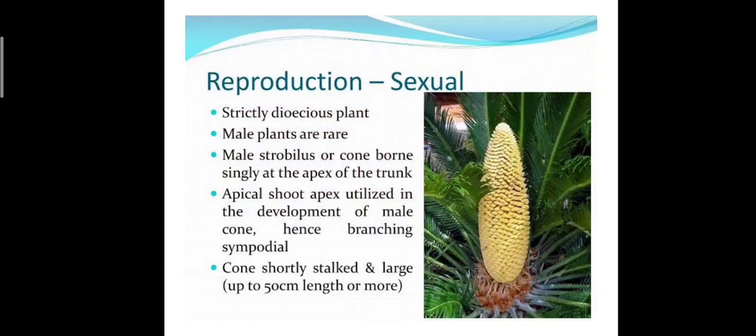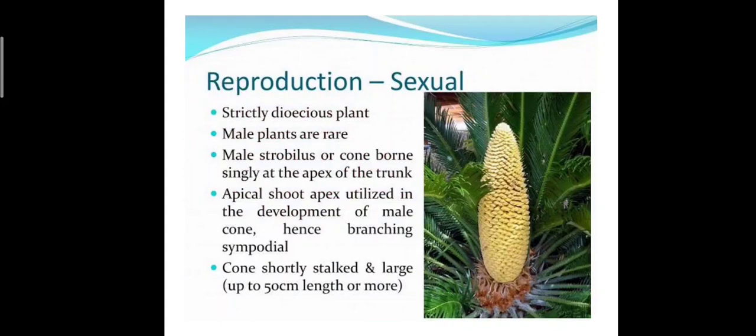The male cones will be present as an organized structure, while in female plants an organized cone will not be there. In female plants, they will have megasporophylls, and these megasporophylls are not organized to form a cone-like structure.